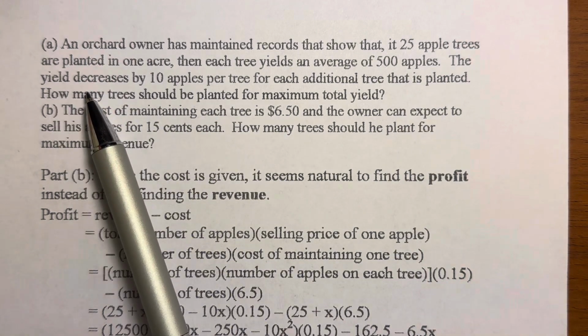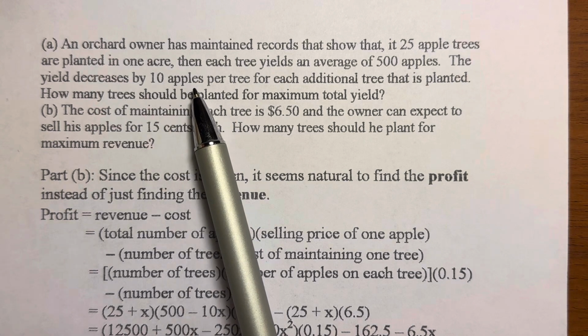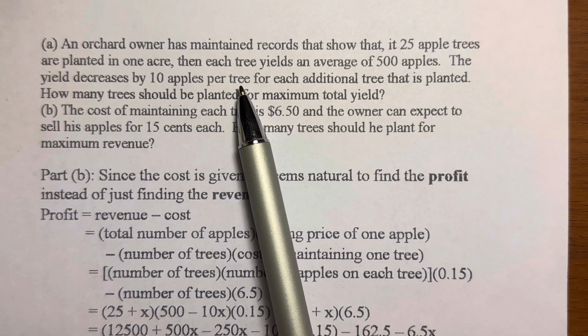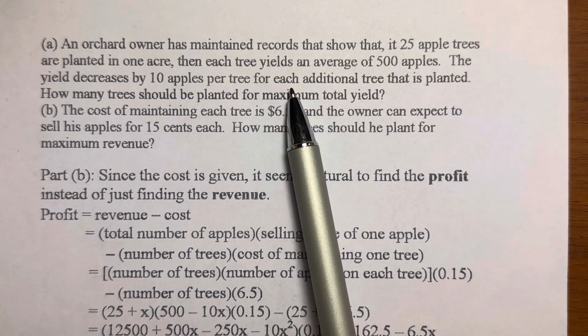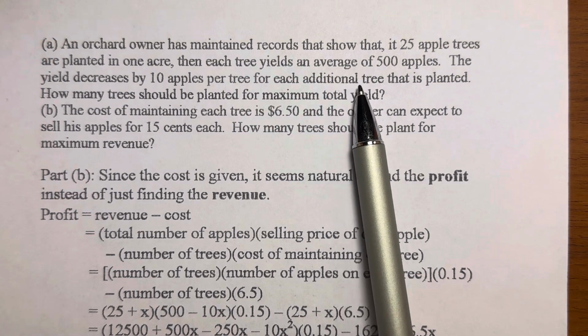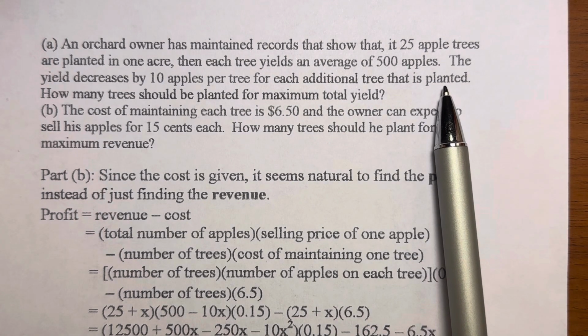The yield decreases by 10 apples per tree for each additional tree that is planted.